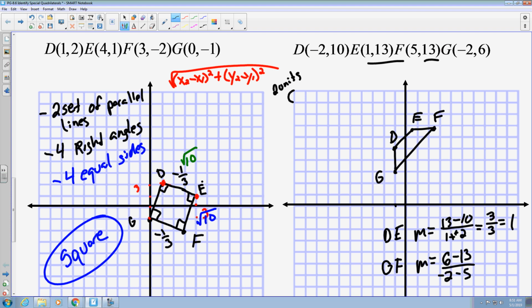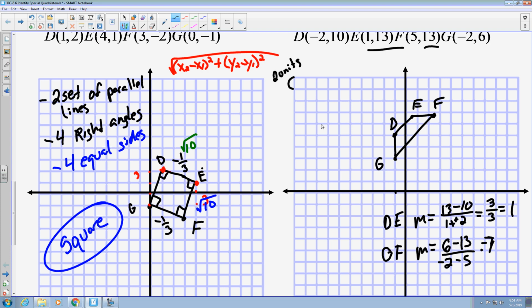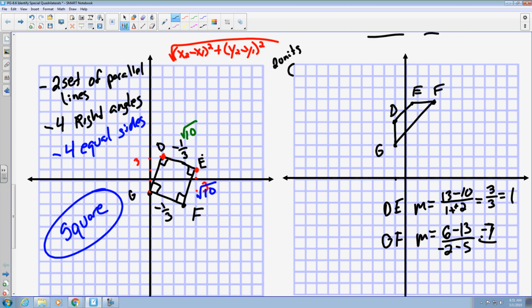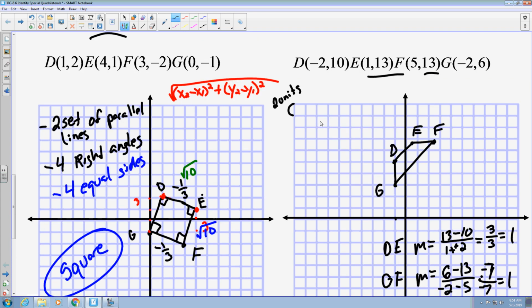So 6 minus 13 is negative 7, over negative 2 minus 5, which is also negative 7, which gives me 1. So not two sets, I have one pair of parallel lines. Which makes it, at the very least, a trapezoid.